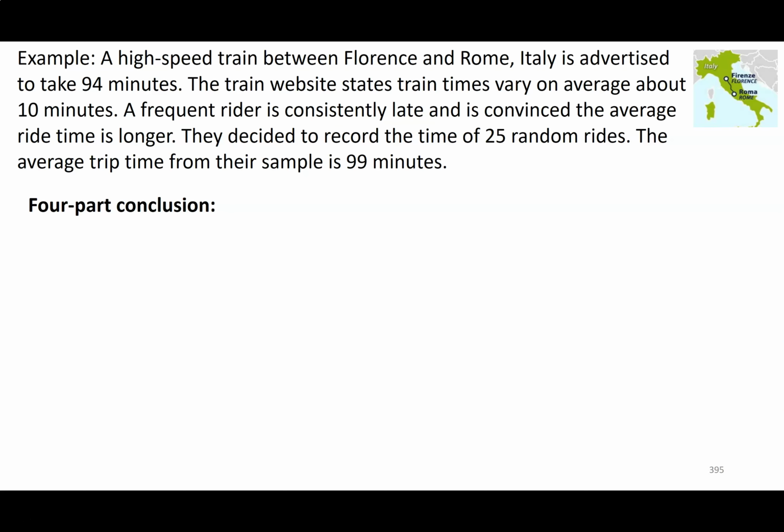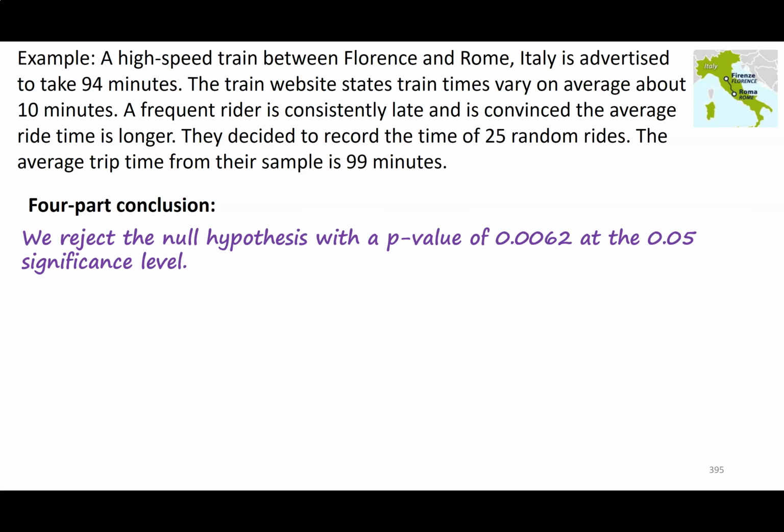So for our train example, and granted, we did not sit through and calculate the confidence interval, and that's fine, but I'm just going to show you all four parts all written out. So we reject the null hypothesis with a p-value of 0.0062 at the 0.05 significance level. I know it's weird. You can say I reject. For some reason in stats, we like to talk in the collective we.